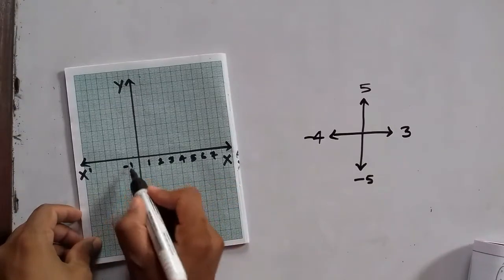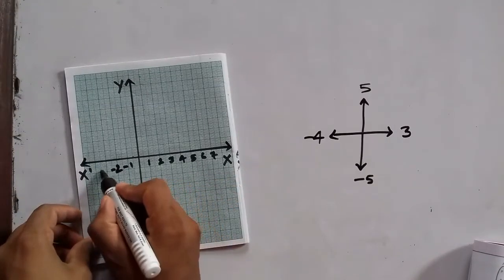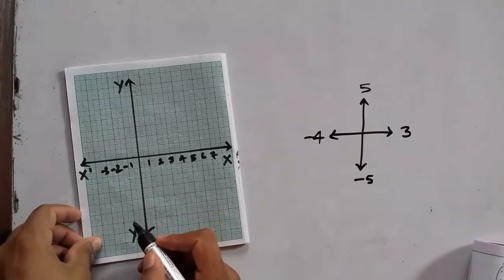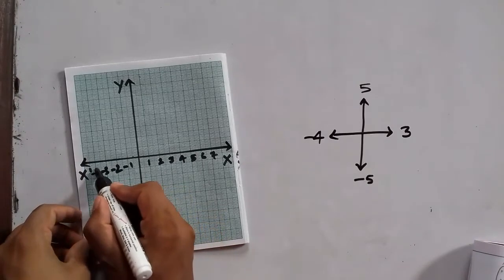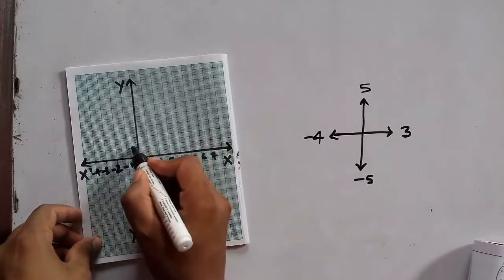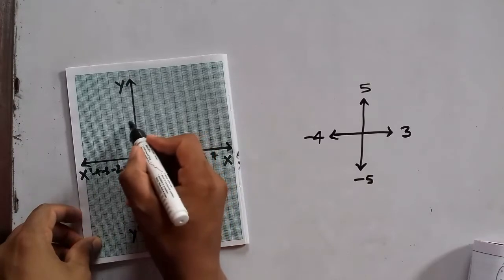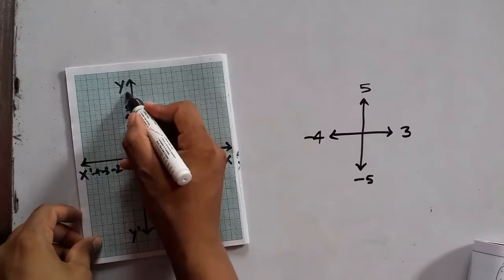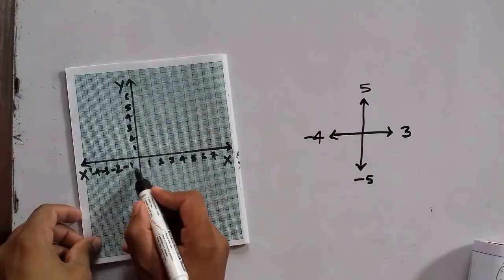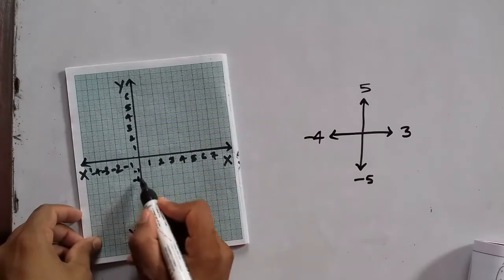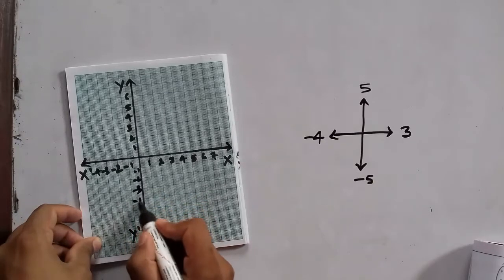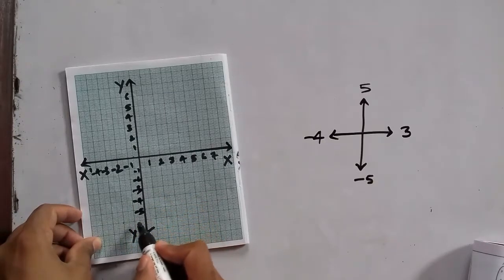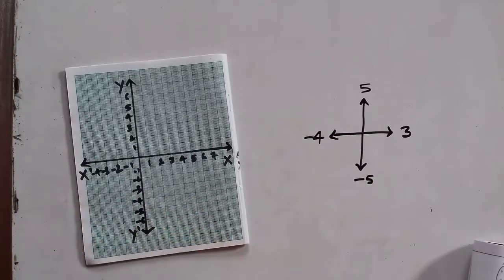This side minus 1, minus 2, minus 3, minus 4. This side positive 1, 2, 3, 4, 5, 6. This side minus 1, minus 2, minus 3, minus 4, minus 5, minus 6.